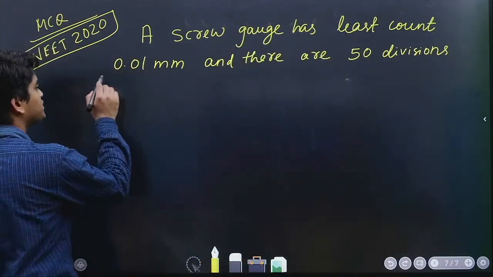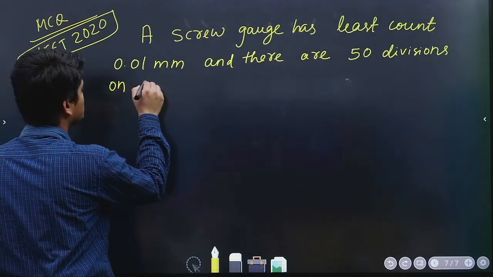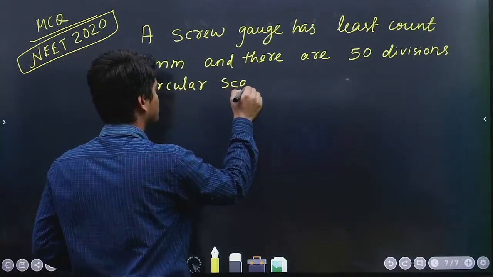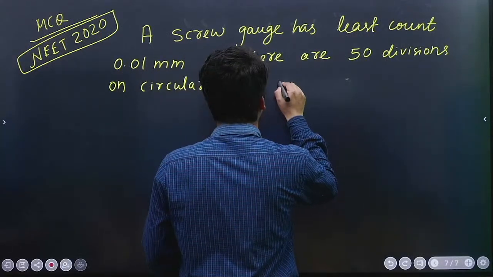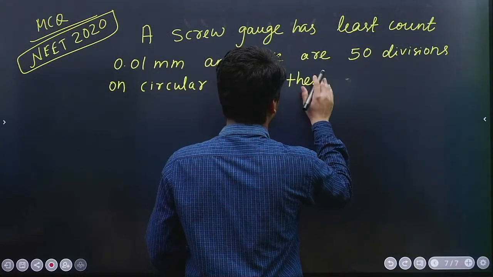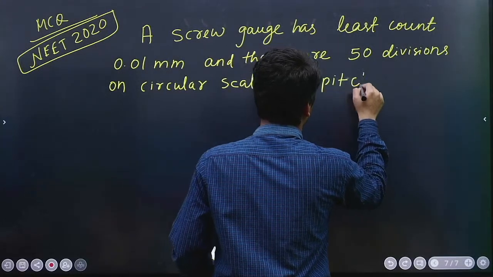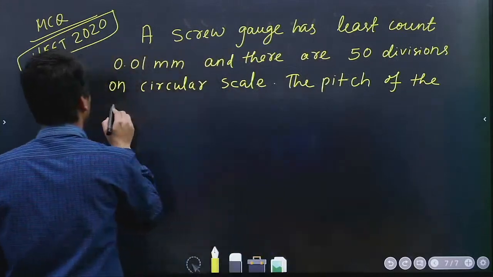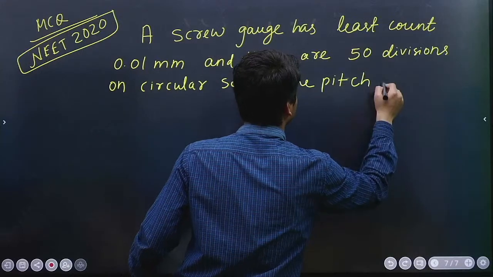See here, 50 divisions on the circular scale. The pitch of the screw gauge, you find. The pitch is how much?